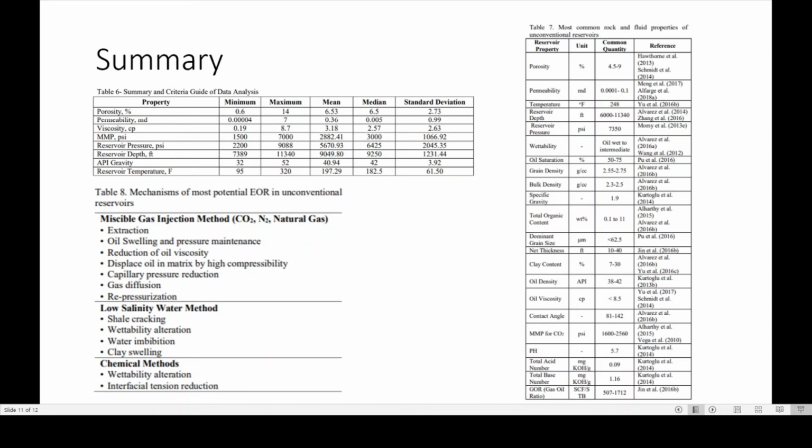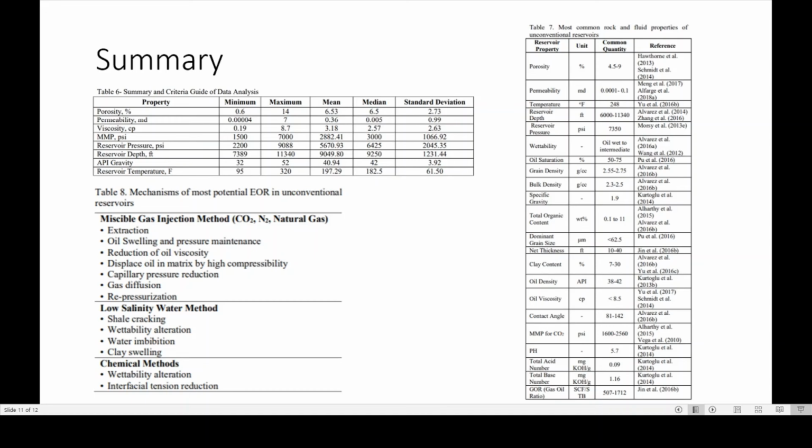I put the summary plots together, where the top plot goes through all the parameters that I went through in the box plots and histograms, and what the range of the data is, as well as the standard deviation. The bottom shows the 3 types of methods that the paper covers, as well as showing the advantages of the miscible gas injection method for the most potential EOR in unconventionals.